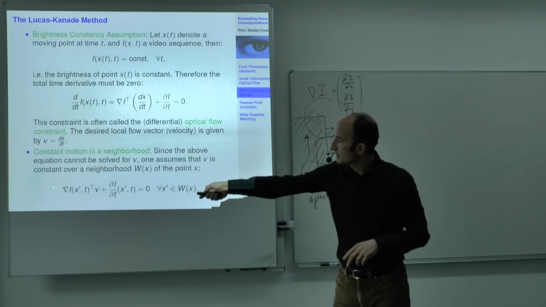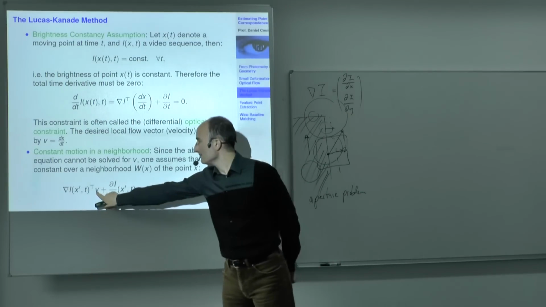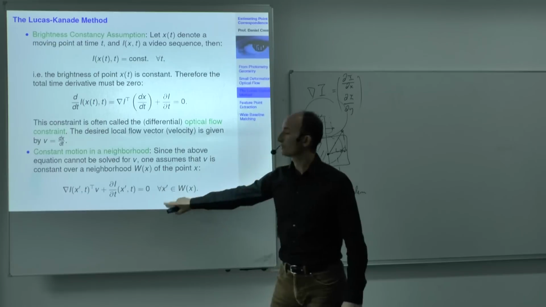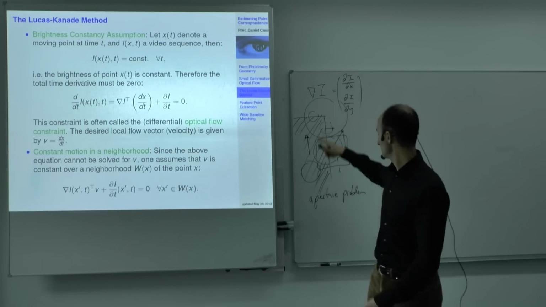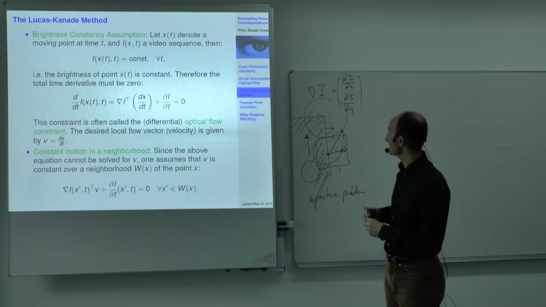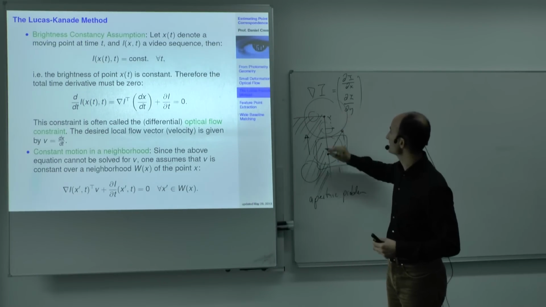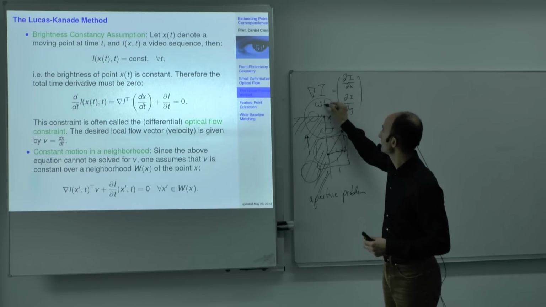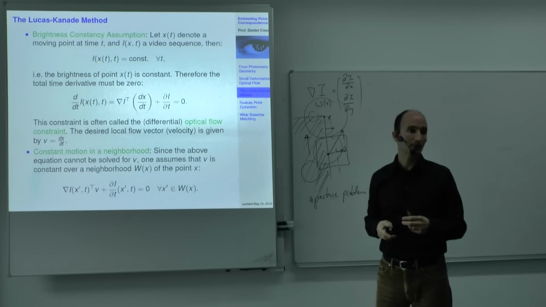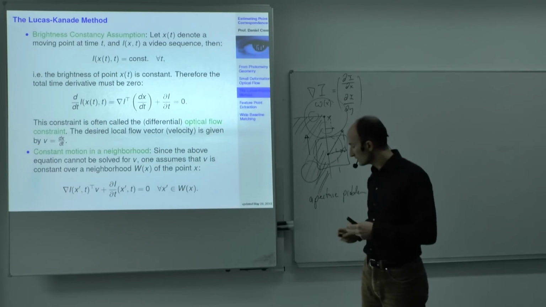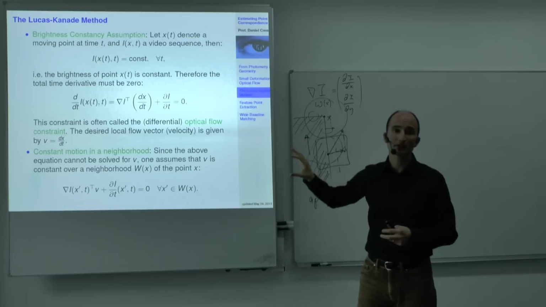And so we assume that this constraint with the same velocity vector v holds for all points in that window. So we have a point x, let's say this point x here, and this here is the window W of x around that point. And there you see already there's an implementational aspect.